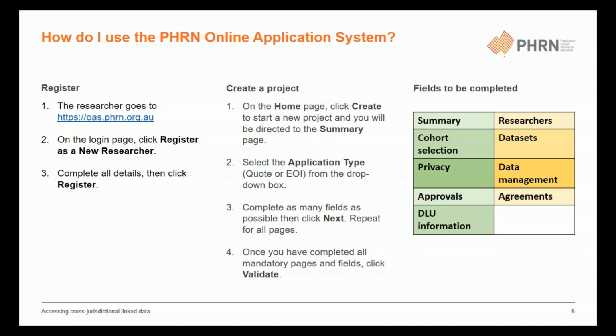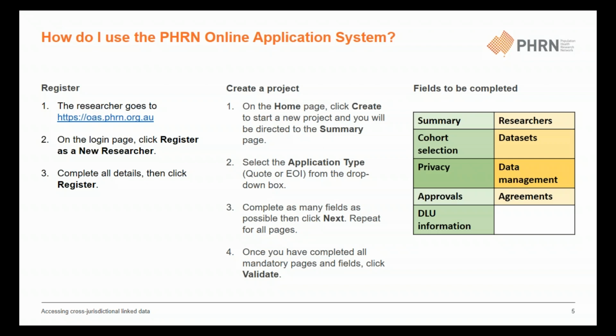These include things like the project title, project duration, project summary, project outline, who's the responsible organisation, the funder, if there's any conflicts of interest, and just the principal investigator and the contact person. You also need to select the application type on this page, and that would either be a request for quote or an expression of interest, and you would choose that from the drop-down menu.